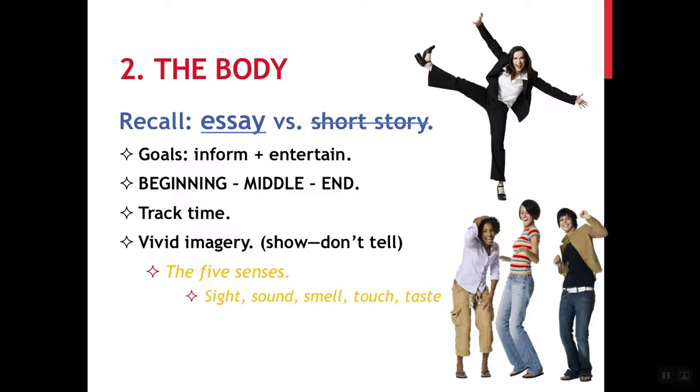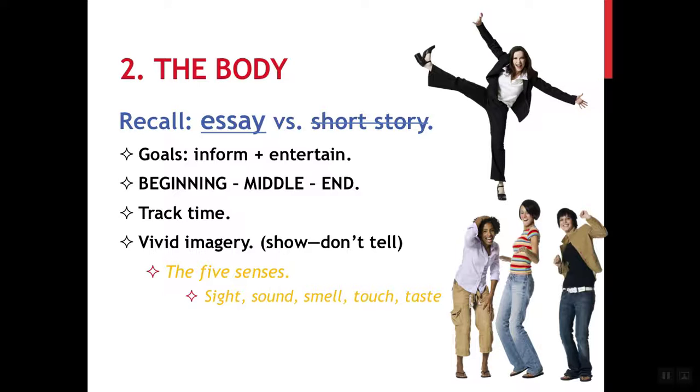So the goals that I'm giving to you that you should have as a guide as you're polishing things are that you should be informing us, which means what is the bigger picture that you're analyzing, but you should also be entertaining, right? And those should definitely be the goals, not only as a broader framework for the essay, but within the body as well.